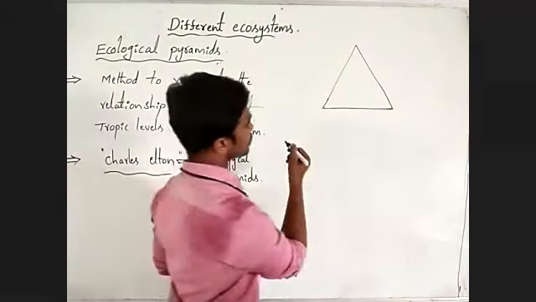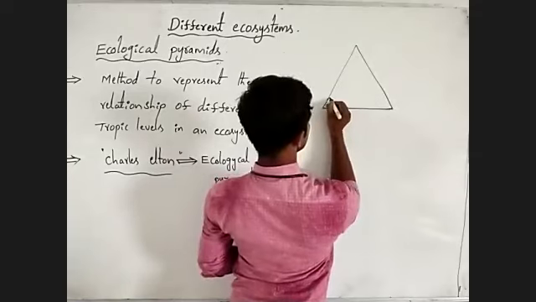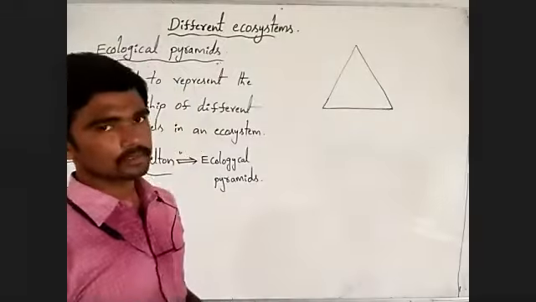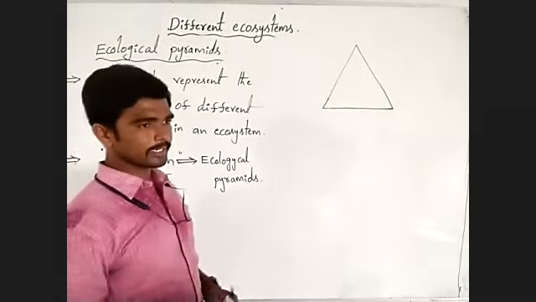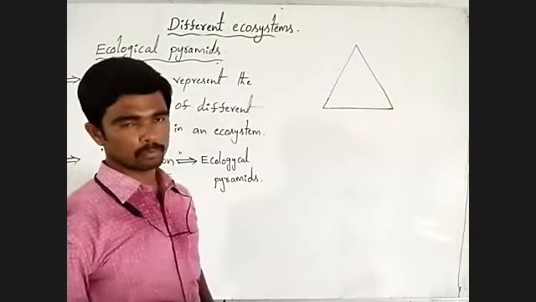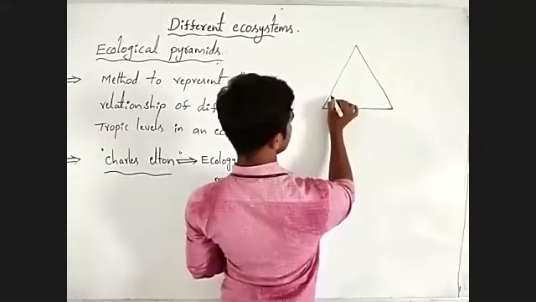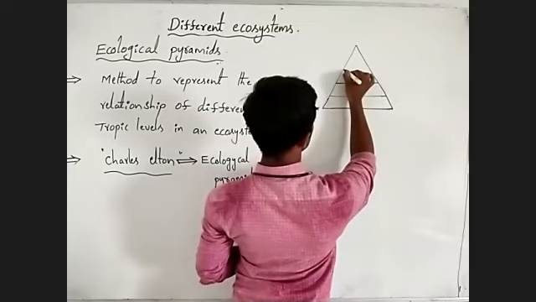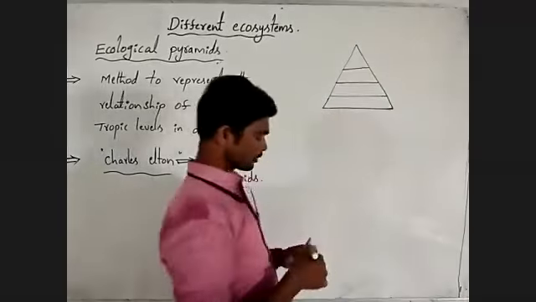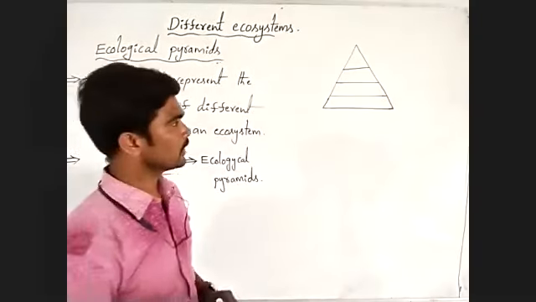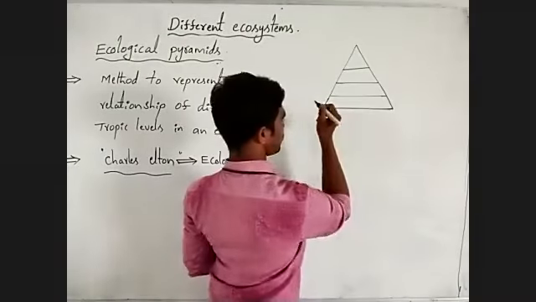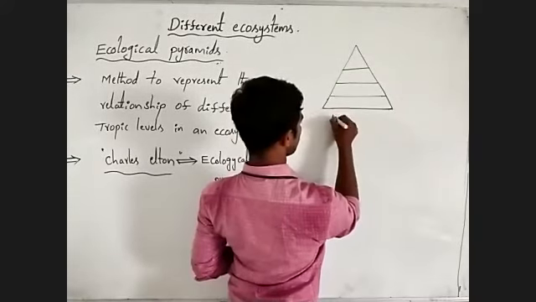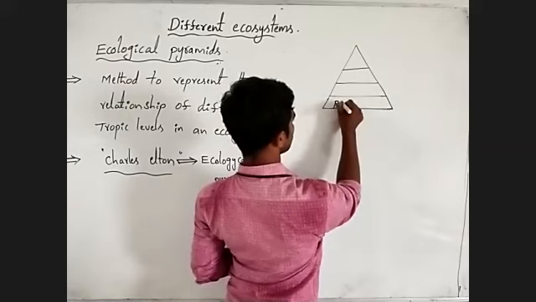By using the shape of the pyramid, we can represent or explain the relationship of trophic levels. Here, there are different bars from bottom to top. At the bottom of the pyramid, a bar is present. This bar is actually for the producer.